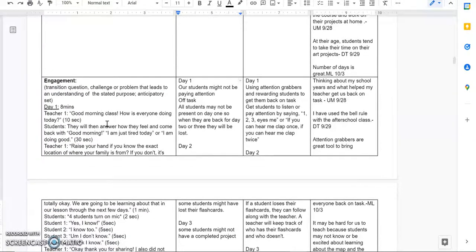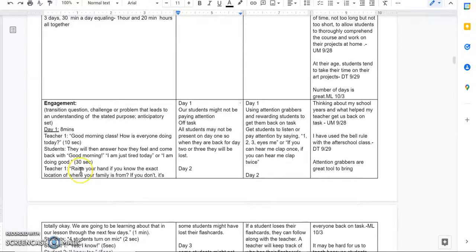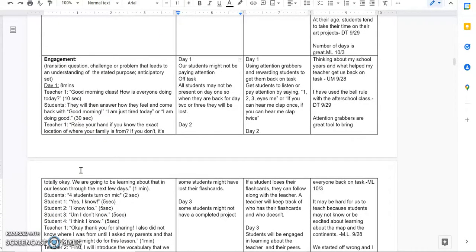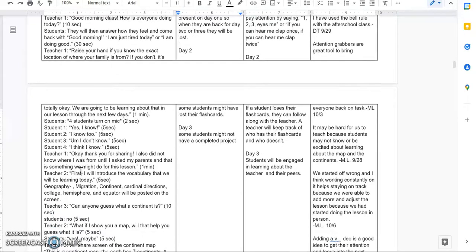So for our lesson plan, we decided to split into 3 days. Our first day is where we'll go over the vocabulary words, specifically the 7 continents. That's what we want the students to gain knowledge of and to remember, so that they can use those 7 continents for their project that they're going to do on day 2.